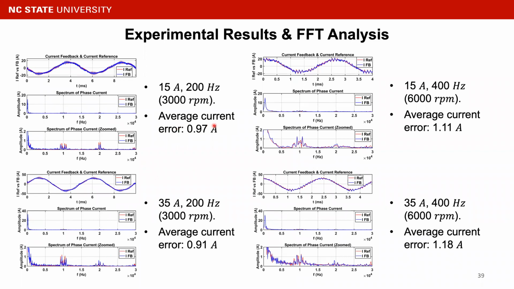Moreover, the average current error of the system doesn't increase with the amplitude of our fundamental frequency current. Therefore, it is safe to say even at higher fundamental frequency current level, the switching ripple current tracking capability can be ensured.